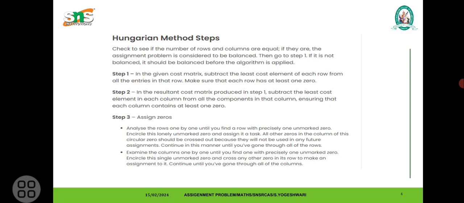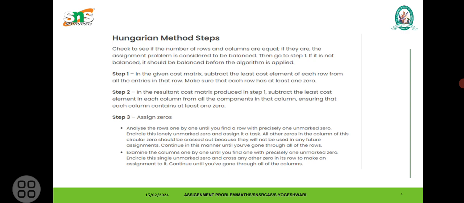Step 3: Assign zeros. Analyze the rows one by one until you find a row with exactly one unmarked zero. Encircle this lone unmarked zero and assign it to a task. All the zeros in the column of the circled zero should be crossed out because they will not be used in any future assignment. Continue in this manner until you have gone through all the rows.